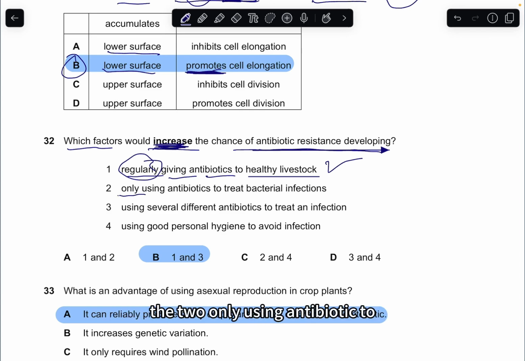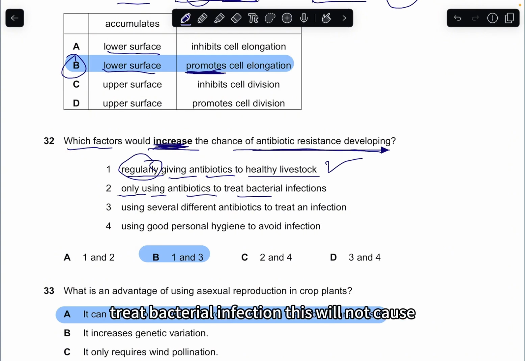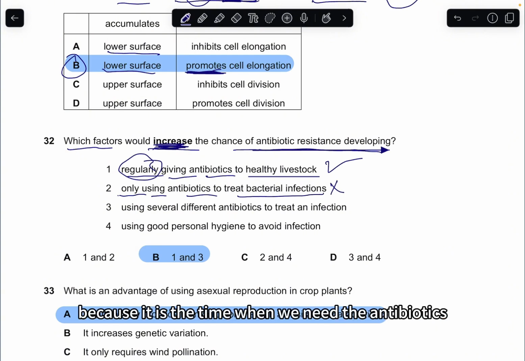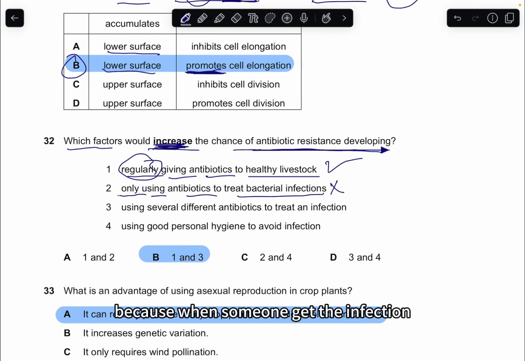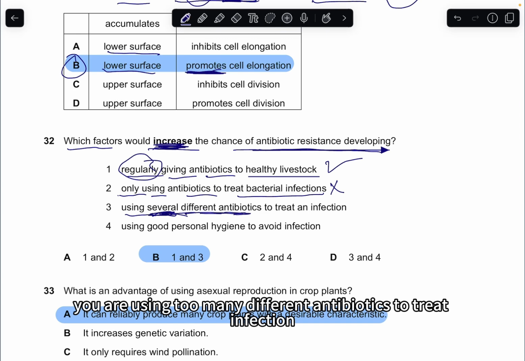The second, only using antibiotics to treat bacterial infection. This will not cause it, because it is the time when we need the antibiotics. When someone gets an infection, that's the time when they take the antibiotics. So that's the right time. Three is using several different antibiotics. So you are using too many different antibiotics to treat infection.